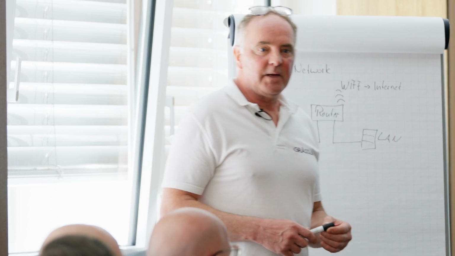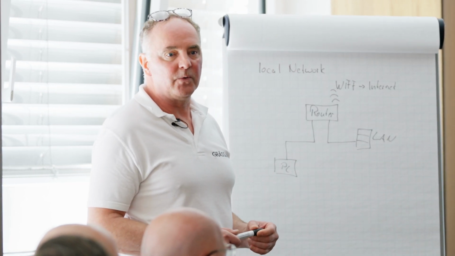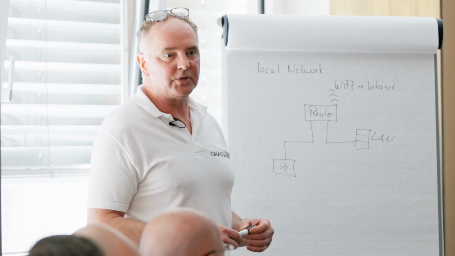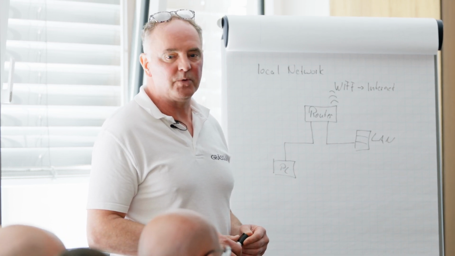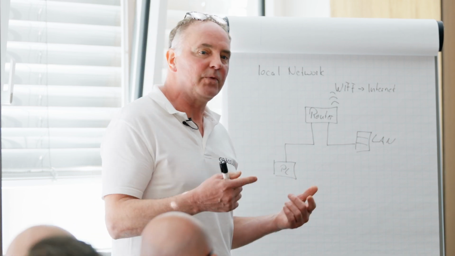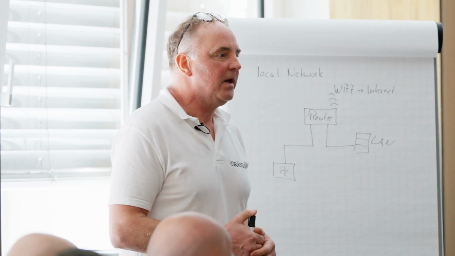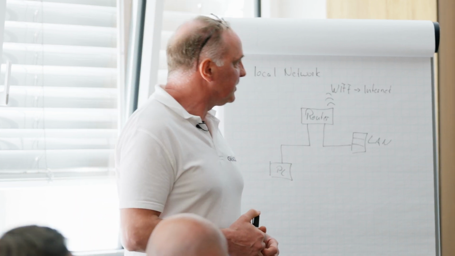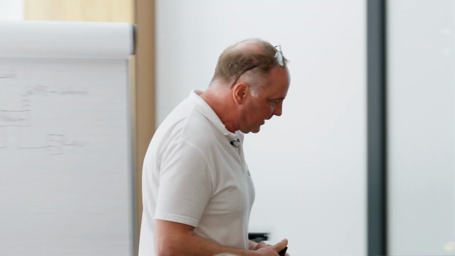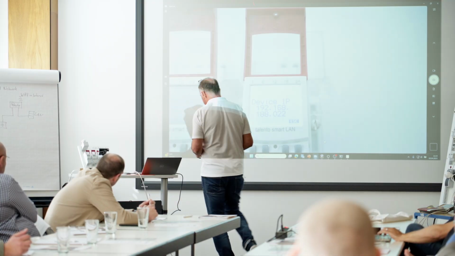You can work with fixed IP addresses as well, if you have switched off the DHCP functionality, which is normally what IT departments do in companies. They switch off the DHCP and give the devices a fixed IP address. And this possibility is available as well. I will show you how to do that.